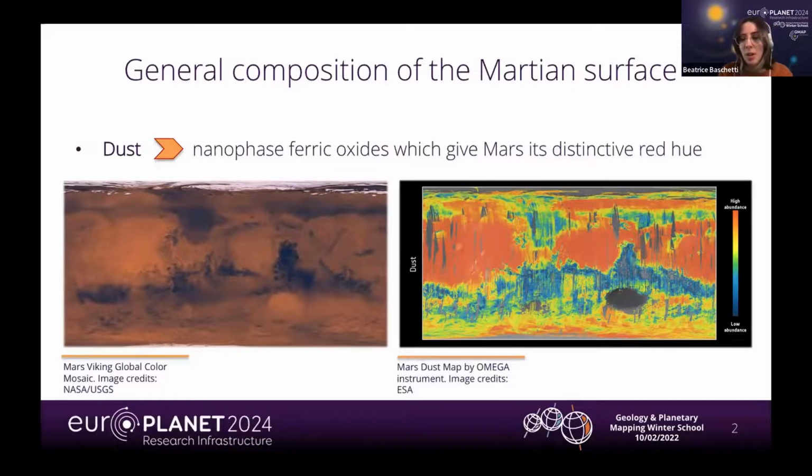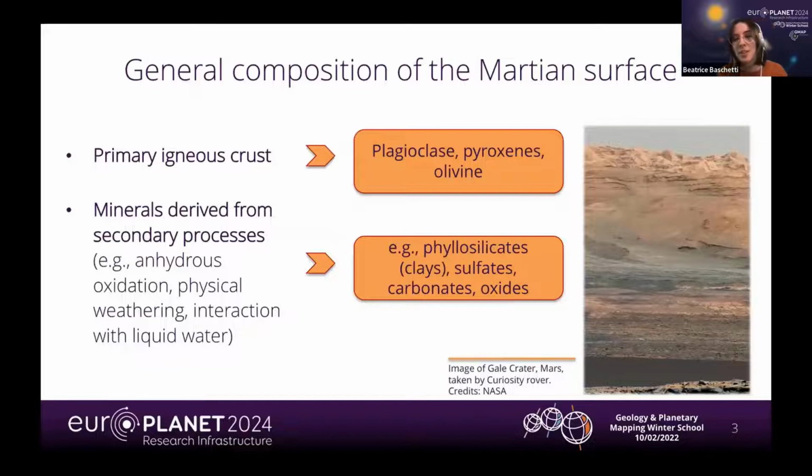But of course, where we see the surface, we can tell that Mars has a primary igneous crust, which is made of mainly plagioclase and pyroxenes, and also some olivine. And on this crust, we have several minerals that derive from secondary processes, such as oxidation, weathering, and interaction with liquid water. These are, for example, phyllosilicates, which are a type of clay, sulfates, carbonates, and oxides.